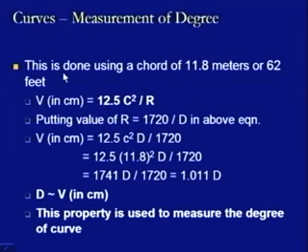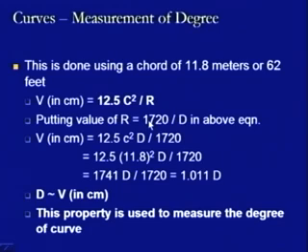How we do this is that this is done using a chord of 11.8 meters or 62 feet. So, for that, V is 12.5 C square divided by R, putting a value of R transformed into degree. There are two values being taken at different points of time.